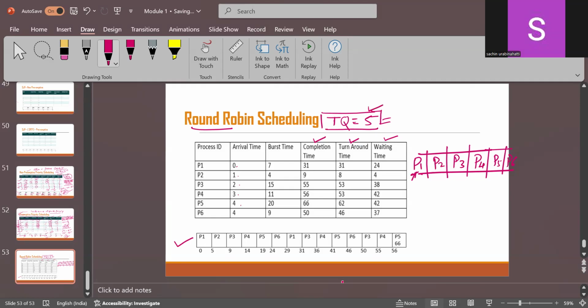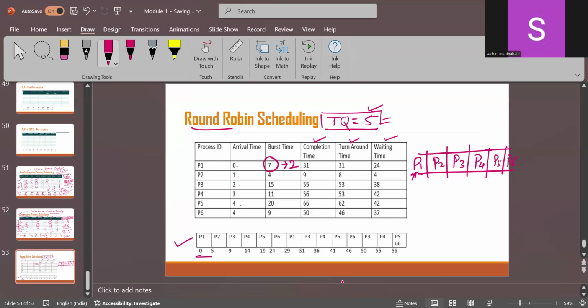Irrespective of its burst time of 7, it will not be given 7 complete units of time. We will give only 5 units of time. Once P1 has executed for 5 units, the remaining time is 2.